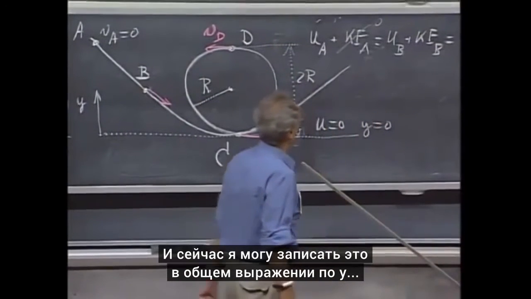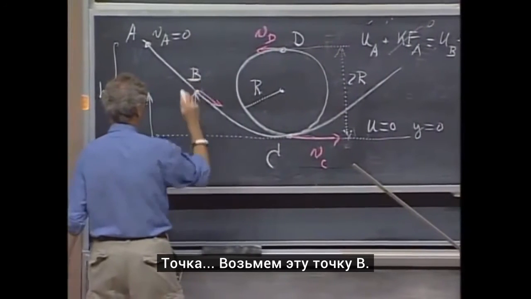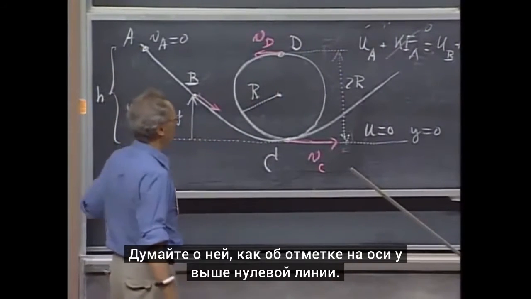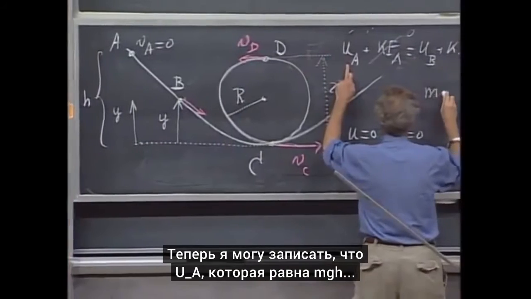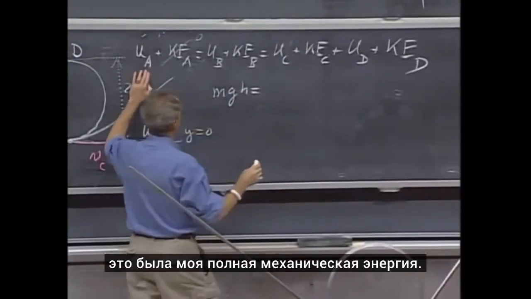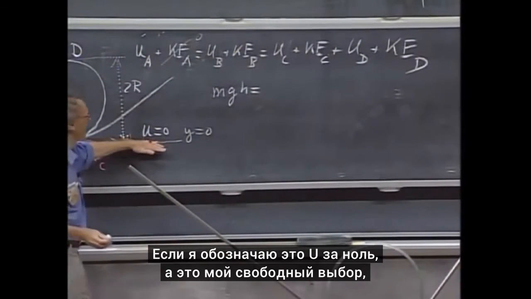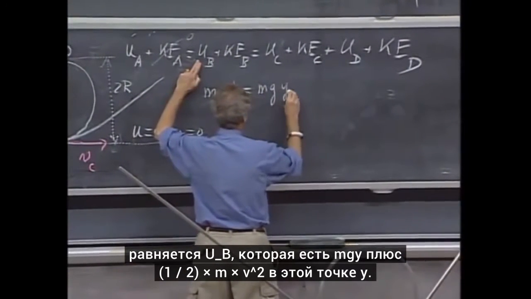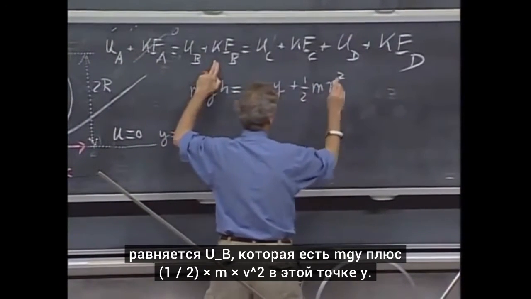And so now I can write this in general terms of y. Take this point B, think of that being at a location y above the 0 line. Then I can write down that U at A, which is mgh, that was a given when I started, that was all the energy I had, my total mechanical energy. If I call this U0, which is a free choice I have, it equals U of B, which is now mgy, plus 1/2 m v squared at that position y.